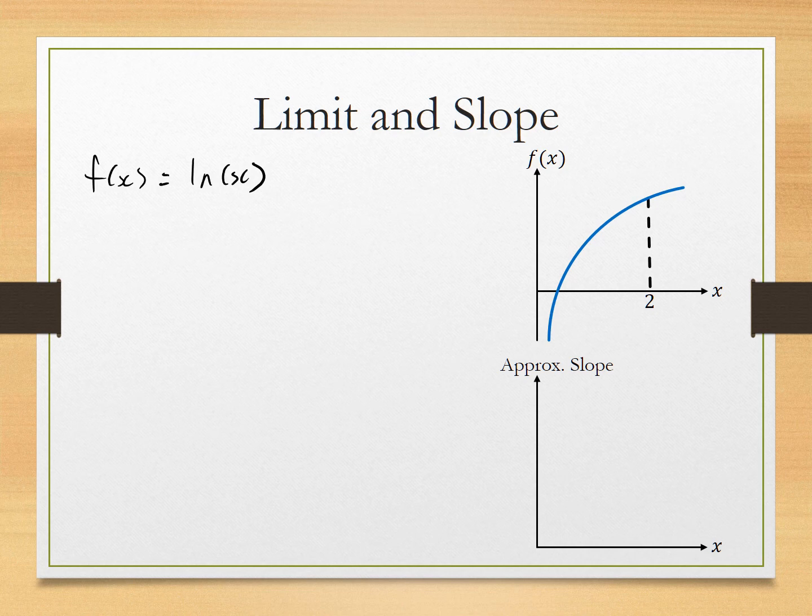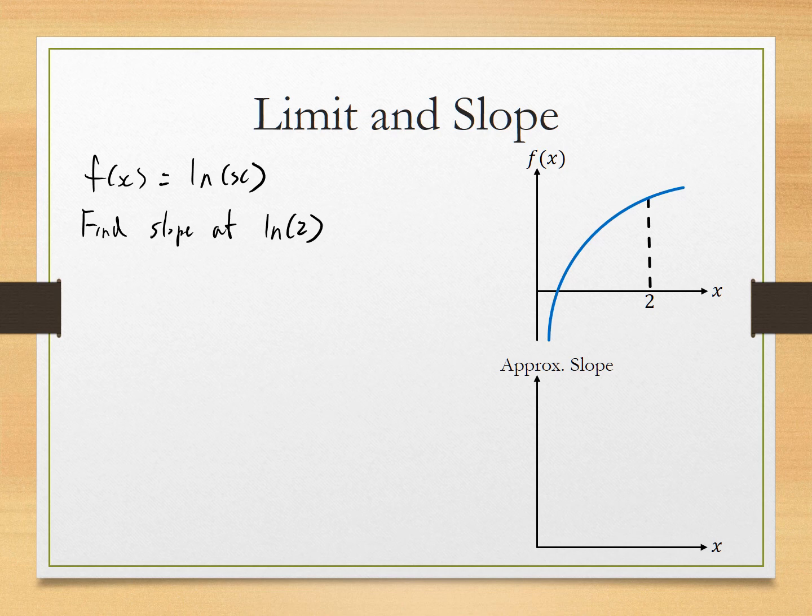If you have a log function, and let's say you want to find the slope at log 2, how do you do that without knowing calculus? How do you find the slope of log 2 without calculus? So right now, we just have limit, right?